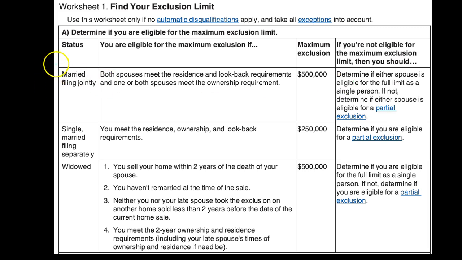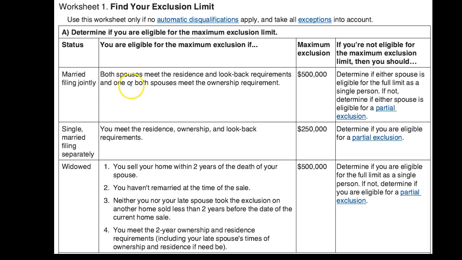So if we go through the items, we're going to say status, married filing jointly, and then we'll go through and read through this each time. You are eligible for the maximum exclusion if both spouses meet the residence and look-back requirements, and one or both spouses meet the ownership requirement. So that's basically recapping. If you've got questions about any of those requirements, of course, you can go back and take a look at each of them.